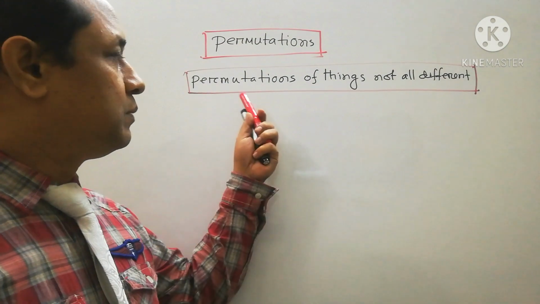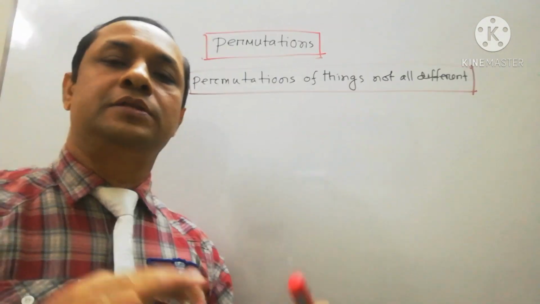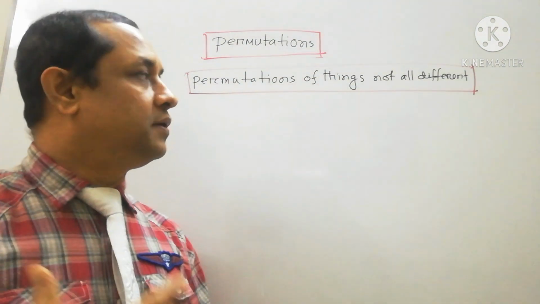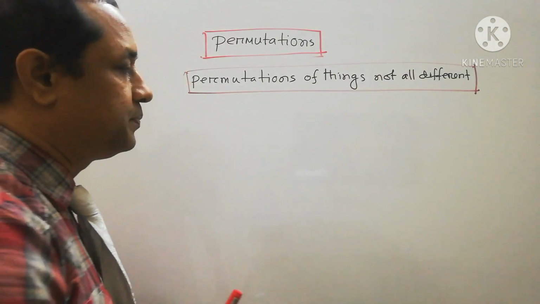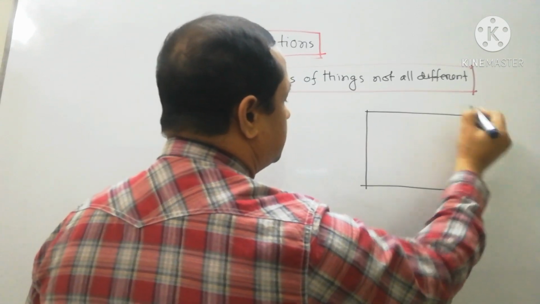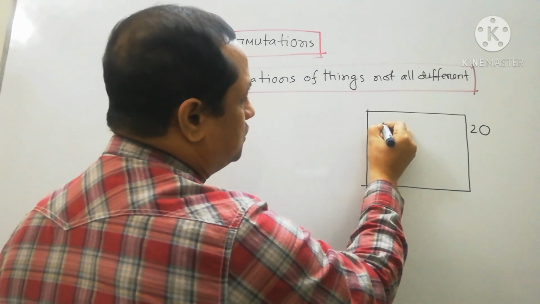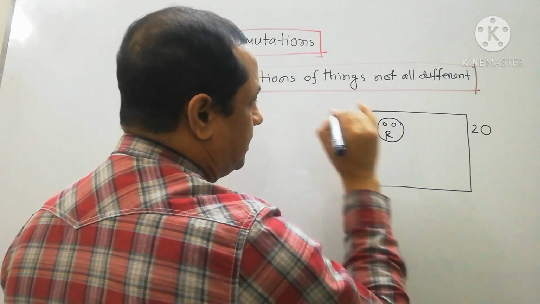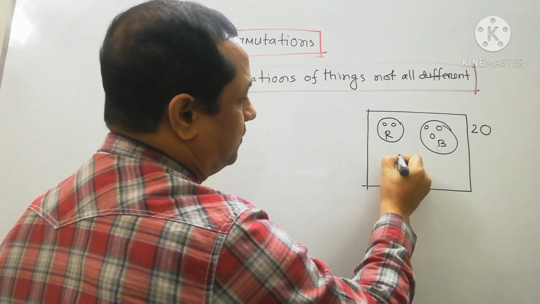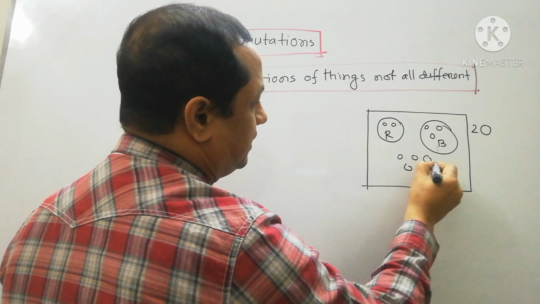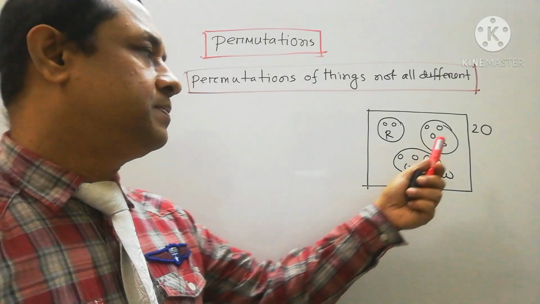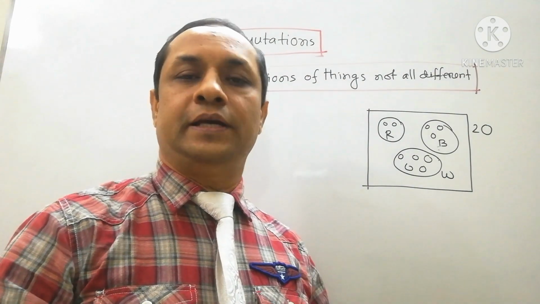Look at the board. Permutations of things not all different. Let there be 20 balls in this box.